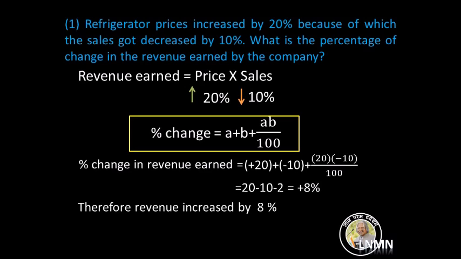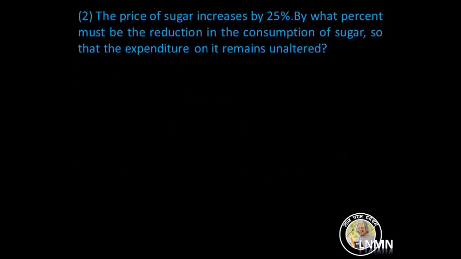Okay, clear? We are directly substituting the values from the question into the formula which I have given. Next, let's go to the second question. The price of sugar increases by 25%. By what percent must the consumption of sugar be reduced so that the expenditure on it remains unaltered? Means what?